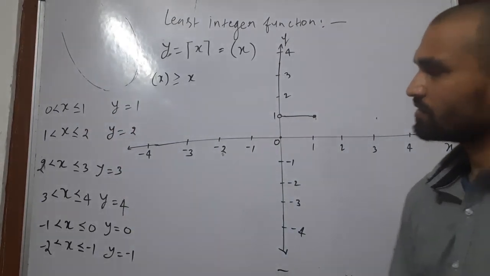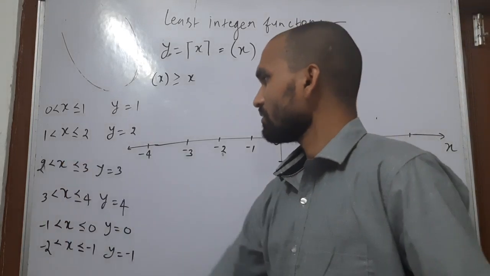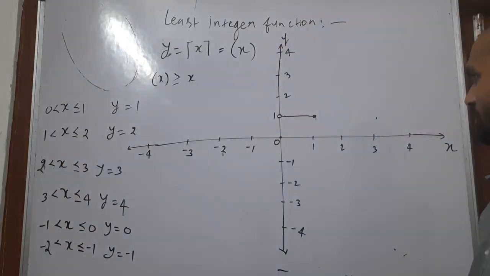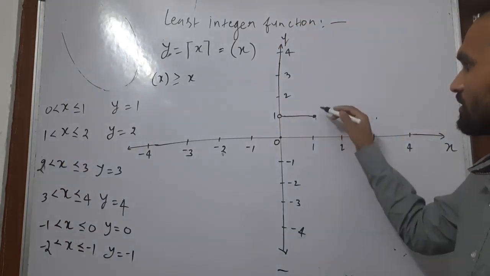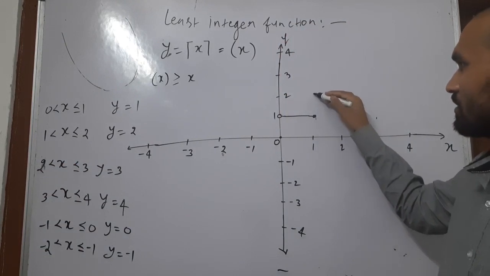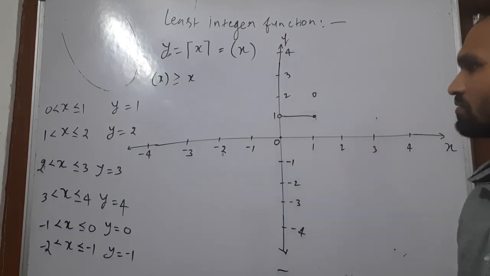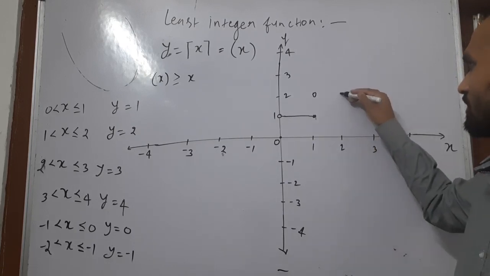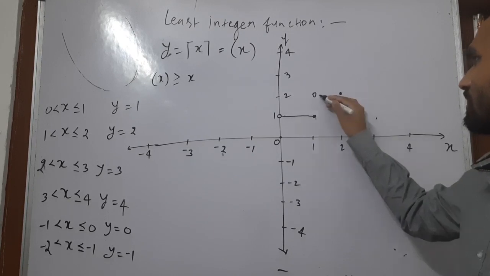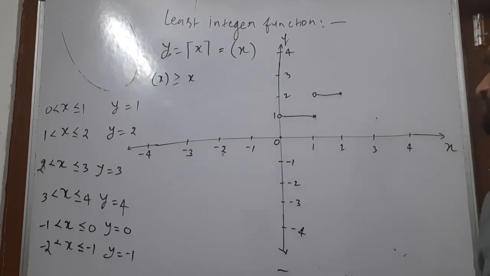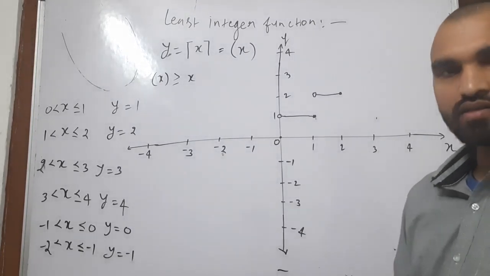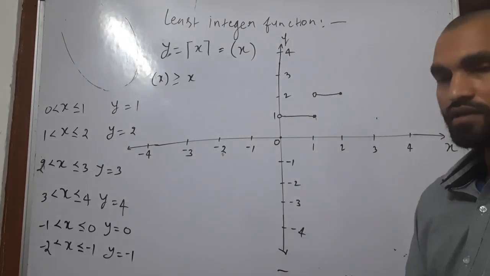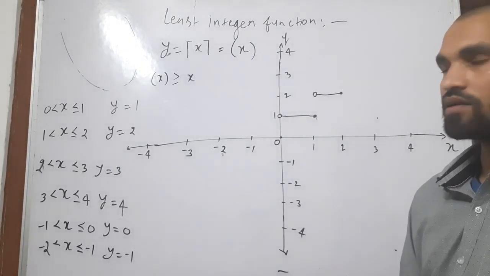Now we take interval 1 to 2. 1 is not included here, so we take a hollow circle here. 2 is included and the value is 2, so in front of 2 we take a darkened circle. Now join this. A darkened circle shows that the value is included and a hollow circle shows that the value is not included.